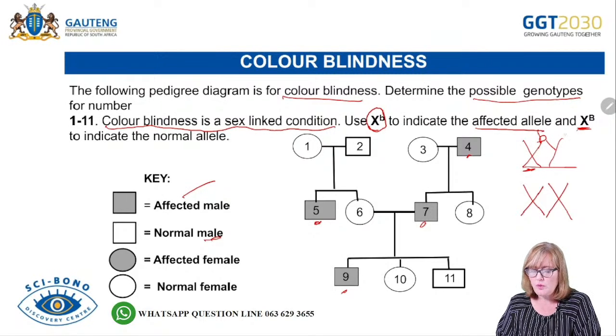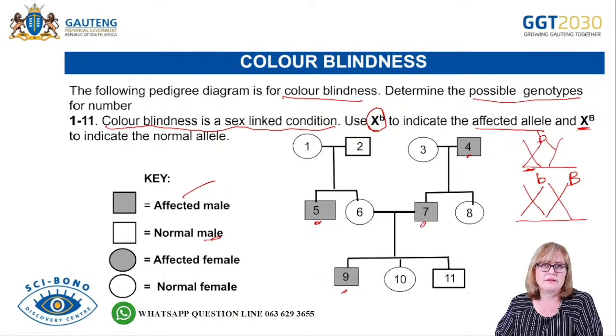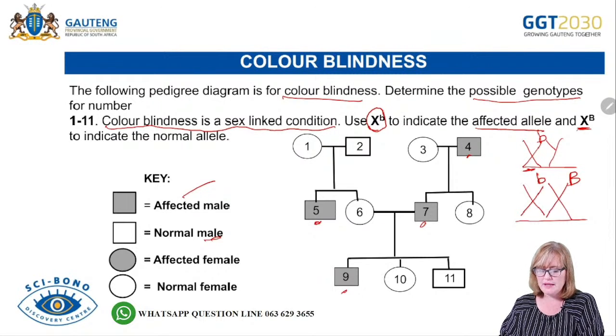There's no way that he can have a dominant allele because he doesn't have it on his Y chromosome. Whereas with females, if you have a small one, you have a chance to get a dominant allele, or you can have a recessive allele. So your chance of getting the sex-linked illness is much smaller than the males, because you've got 2 X chromosomes and both must have an allele for the illness. All right, so just keep that in mind.